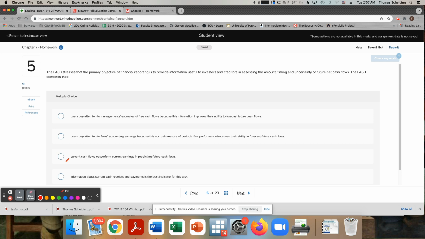Okay. This is definitional. So FASB stresses what the primary objective of financial reporting is. It's that investors and creditors will have information where they can assess net cash flows, both their amount, timing, and uncertainty.